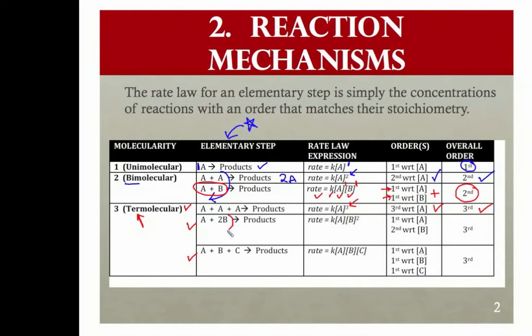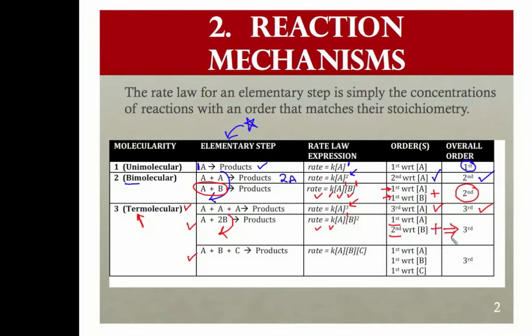order overall. In this case, again, remember, we're always deriving the rate law expression from the reactant side of the arrow. So rate, there's my K, that's just a constant. That constant turns the proportionality into an equality. It's first with respect to A, because of the 1, implied 1.